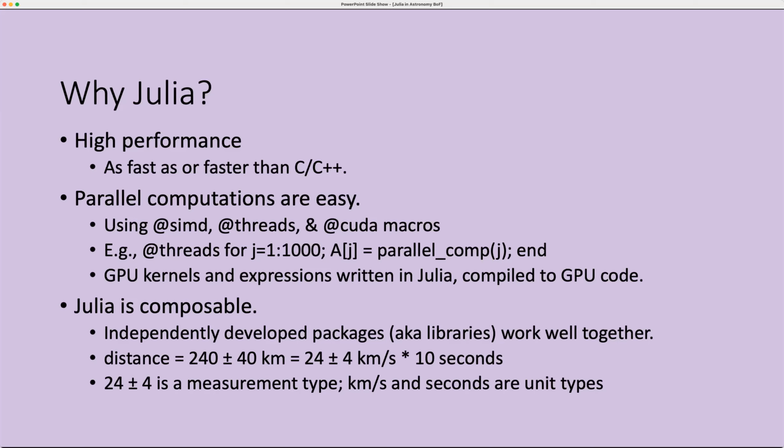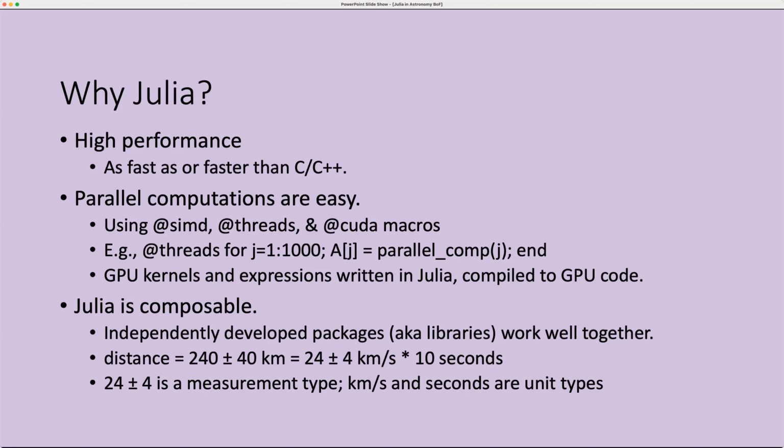The other thing is parallel computations are easy. This is one of the features I really like about Julia. Julia has these things called macros, which modify the code or sections of the code. You can use what they call @SIMD, which is single instruction, multiple data, which will vectorize sections of code.